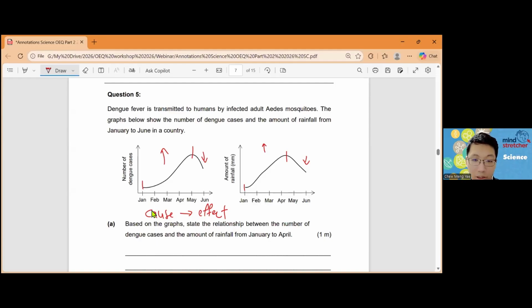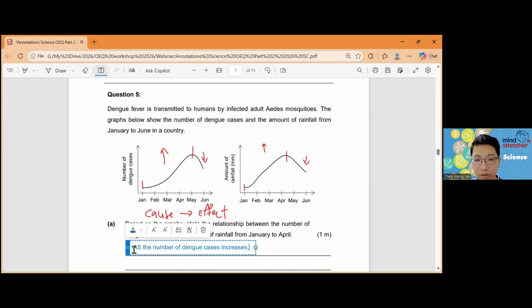Look at this example. Can I write, as the number of dengue cases increases, the amount of rainfall increases?